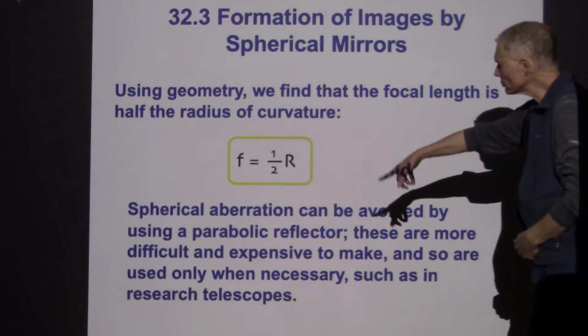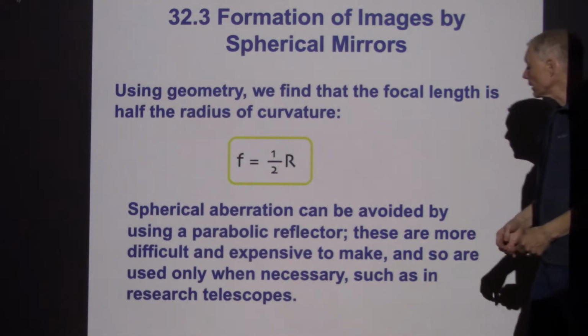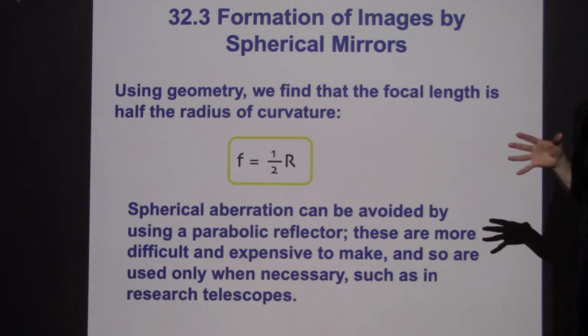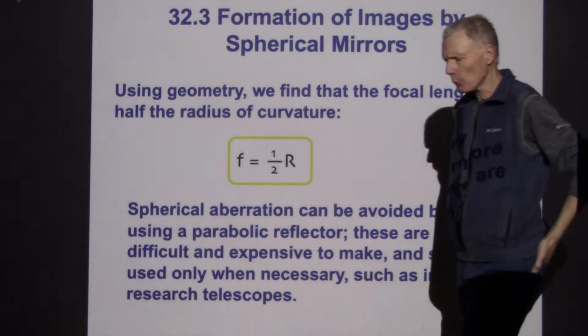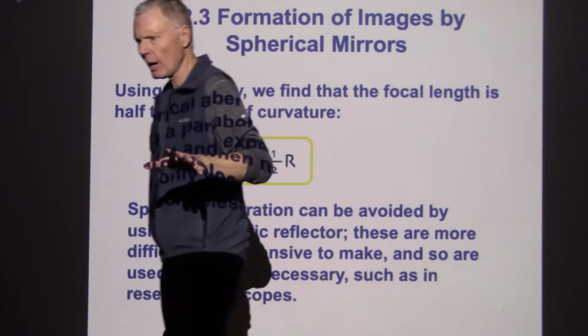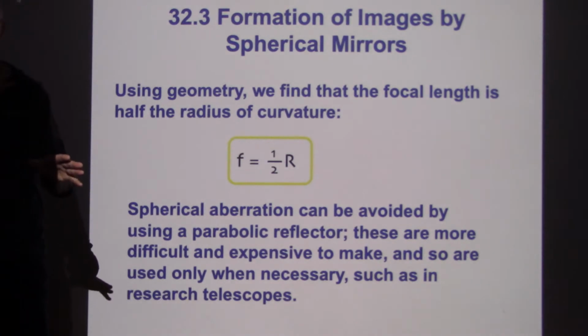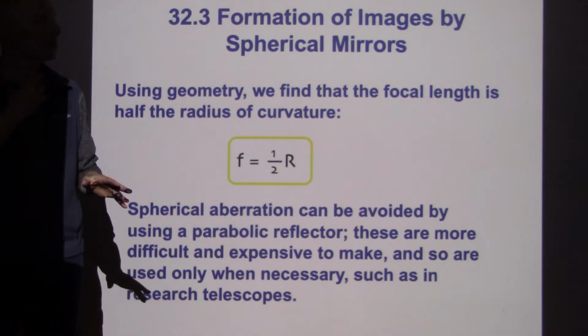Now, it mentions in this slide that for telescopes, where we want to get really, really sharp images, we actually don't use a spherical shape for the mirrors. We use a parabolic shape. That's fine for telescopes, because telescopes are always looking at objects that are very, very far away, and the light that's coming in is parallel.